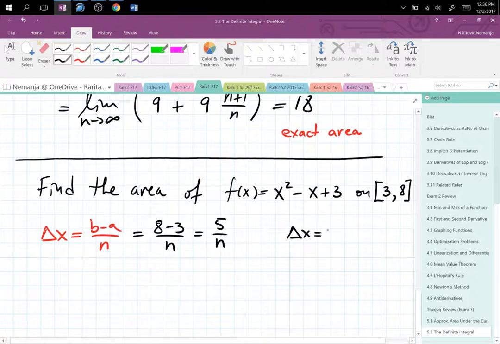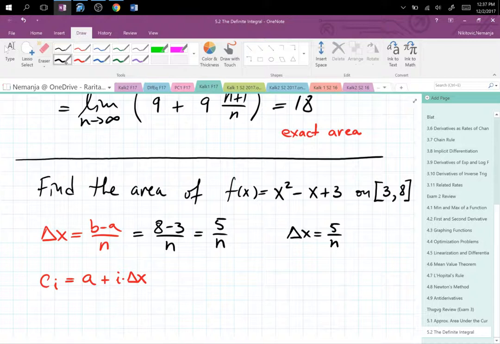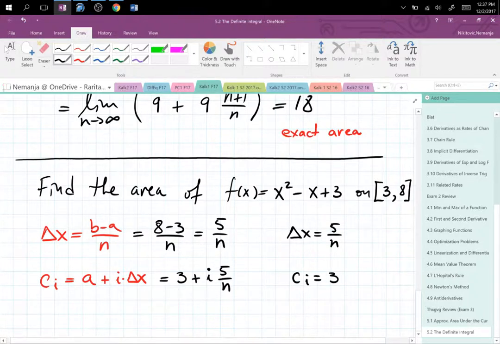So delta x is 5 over n. Formula: Ci is equal to a plus I delta x. In our case, a is 3 plus I times 5 over n. So Ci is equal to 3 plus 5 over n times I.